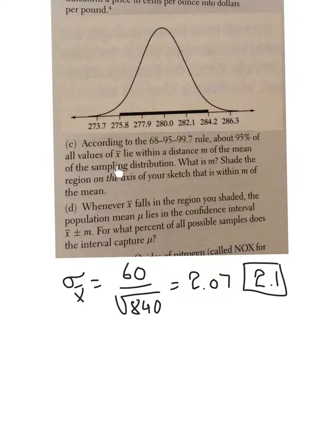Okay, so the sampling distribution. What is M? Okay, so what we're going to do is we're going to say, well, it's 2 standard deviations. 95% is 2 standard deviations. So it's plus or minus 4.2. Okay. So you might have been a little bit confused on that.